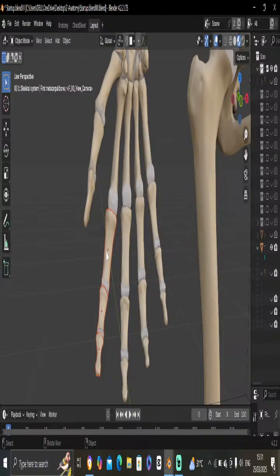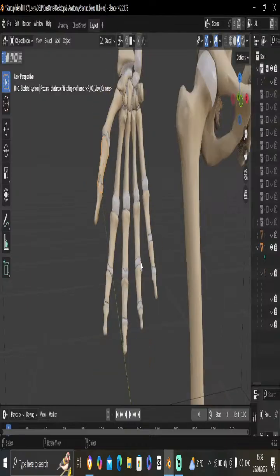But in the thumb, we have only 2 phalanges, the proximal and the distal phalanx. So that makes 14 phalanges in total for the fingers.